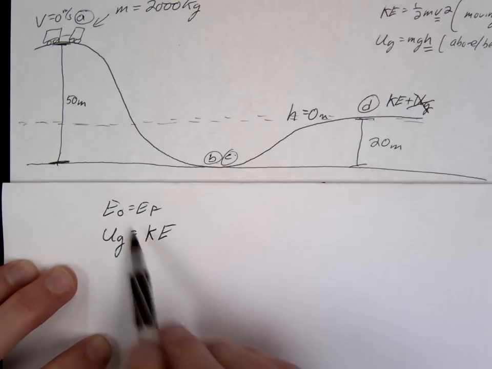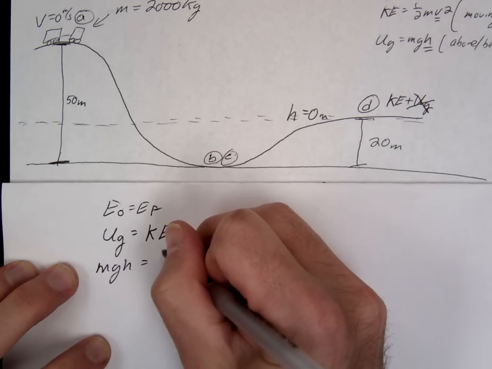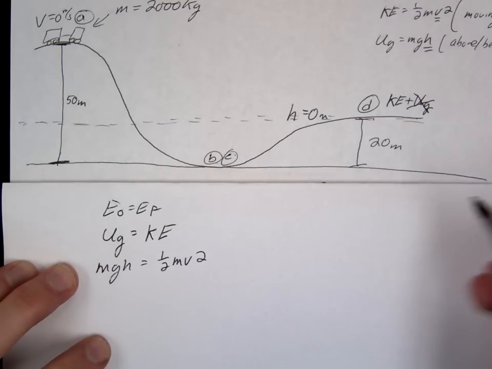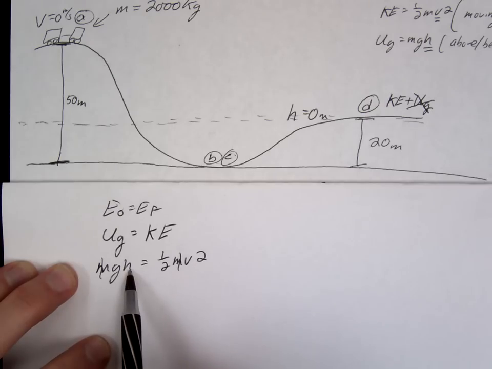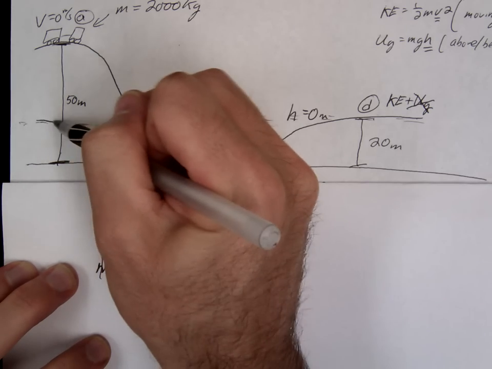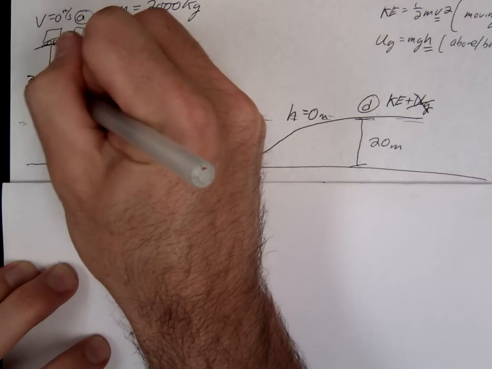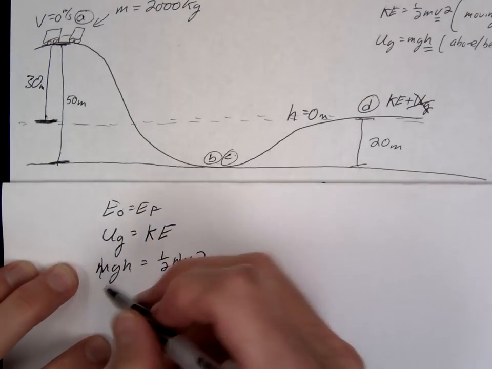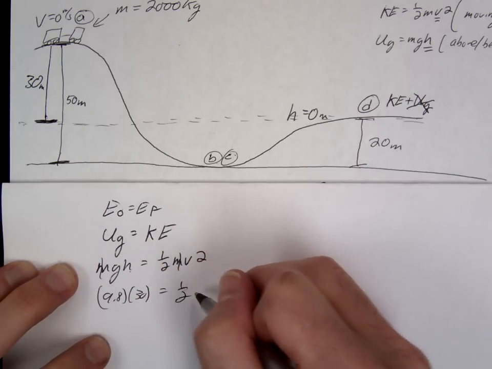So we'll go our mgh here equals 1/2 mv squared. Now the difference is, what am I going to use for my height? 30. Yeah, so we're going to use our height of 30 because if this is our 0 point, we're now going to use our new height of 30 meters.